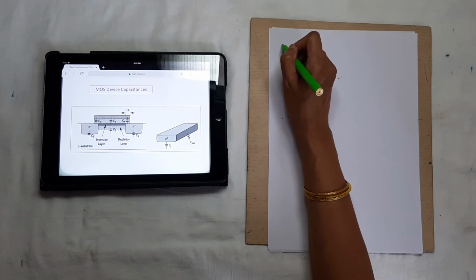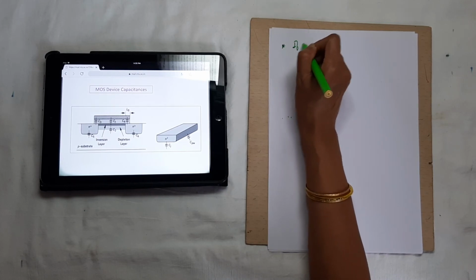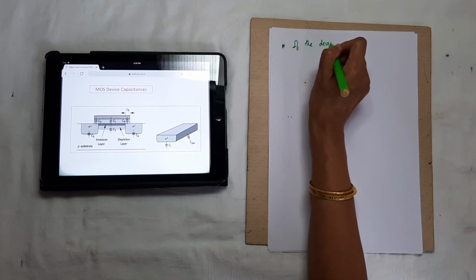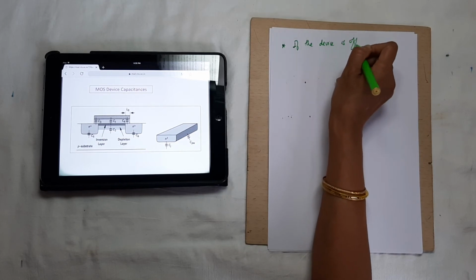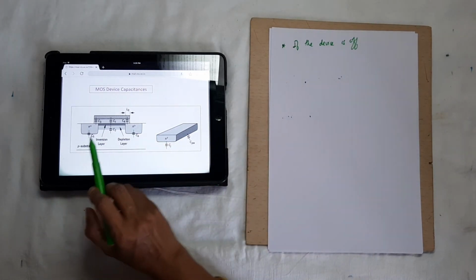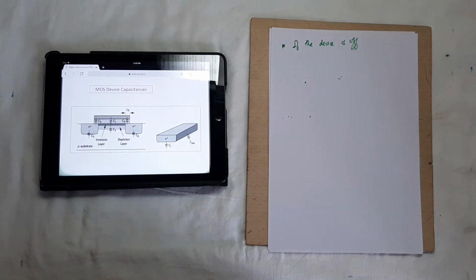When the device is off, then what happens? There is no inversion layer present between the source and the drain.